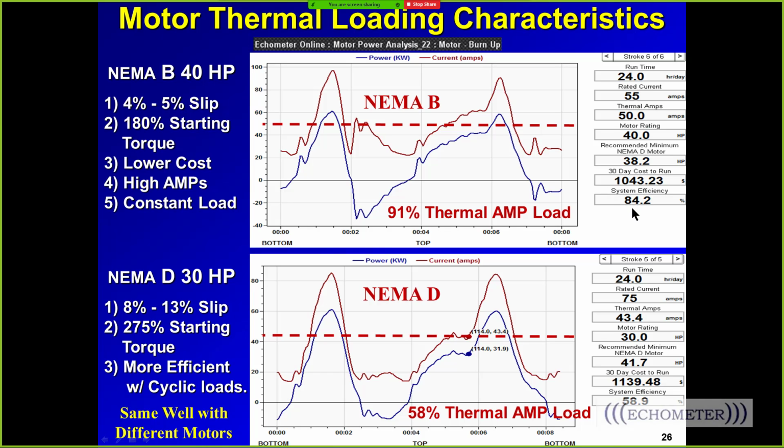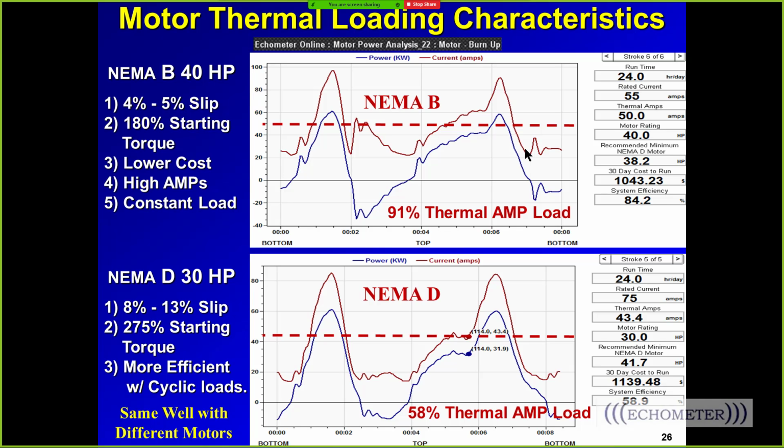But that's a good question. If the fluid level is higher in this case right here, maybe that's why it's higher. If we look at that data, maybe it'll tell us. But the truth is that the justification usually for buying a NEMA B motor is that their efficiency is a little bit higher than a NEMA D motor.